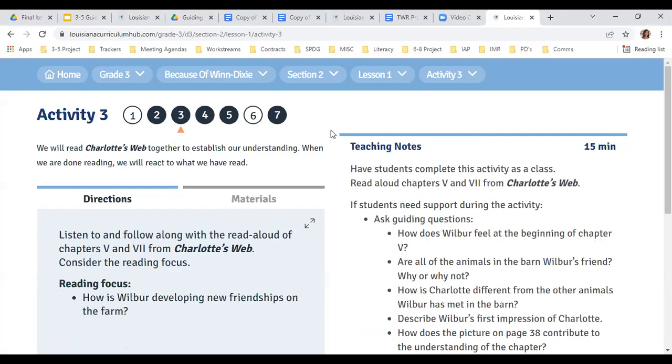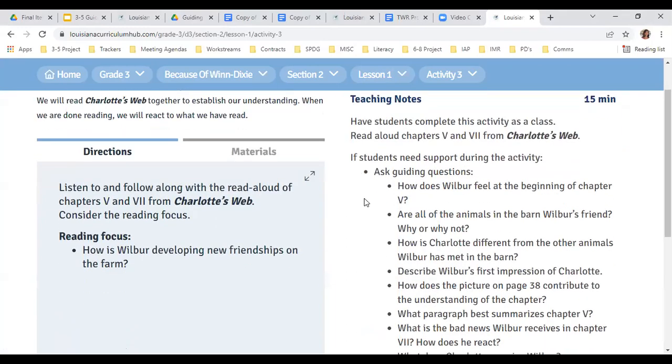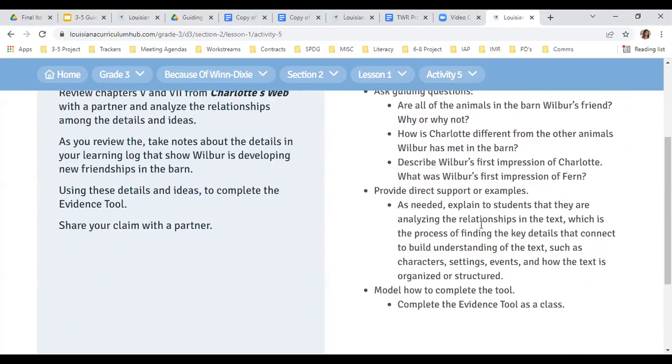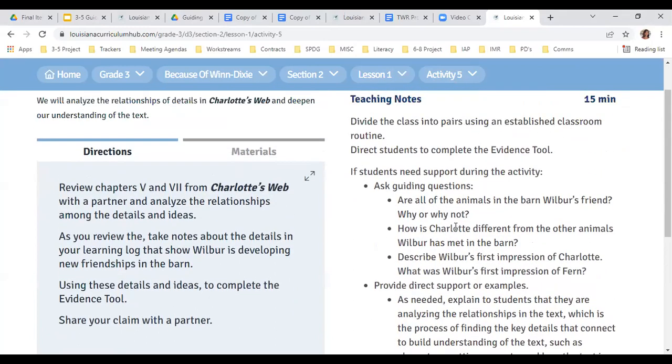And asking guiding questions also in activity 5 discusses the ideas of friendships in the chapter. Providing a teacher model using the evidence tool in activity 5 for the student CC, VH, SS, JM, KM, SL, AS, TJ, MH, KS, and MC. That's how I would group that support for those students.